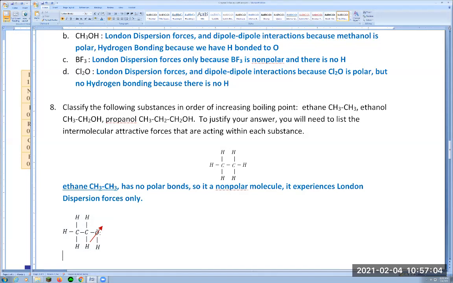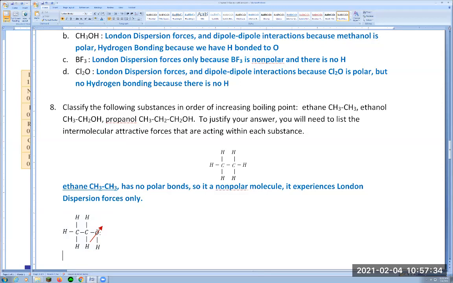So we know it will experience London dispersion forces and dipole-dipole interactions, because now we know it's polar. And the question is, does it experience hydrogen bonding? Here we have hydrogen bonded to oxygen. So yes, we can have hydrogen bonding because we have hydrogen bonded to oxygen, and that's one of the atoms that is a condition for hydrogen bonding.